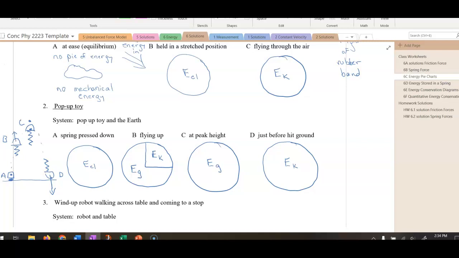By the way, I know my pies, I'm not able to draw them perfectly the same size, but I'm trying. Okay, but what we're showing here is the progression of how the energy is distributed in this little pop-up toy from the time when the spring is first compressed and through its trajectory.